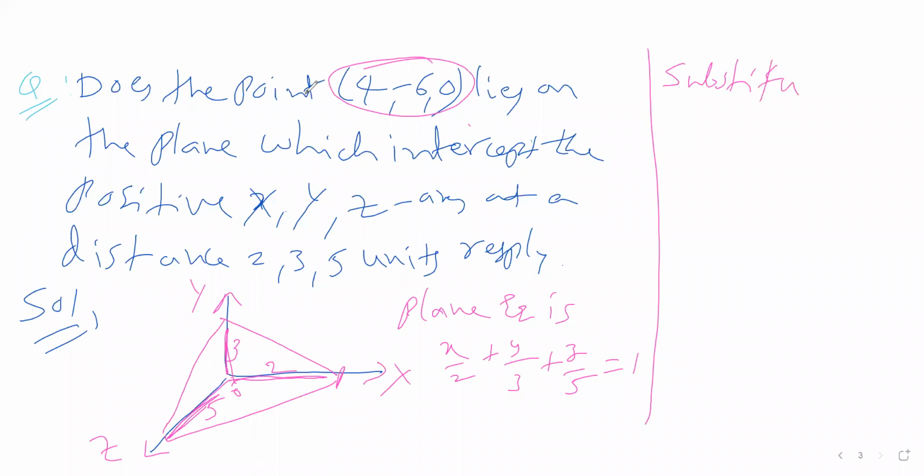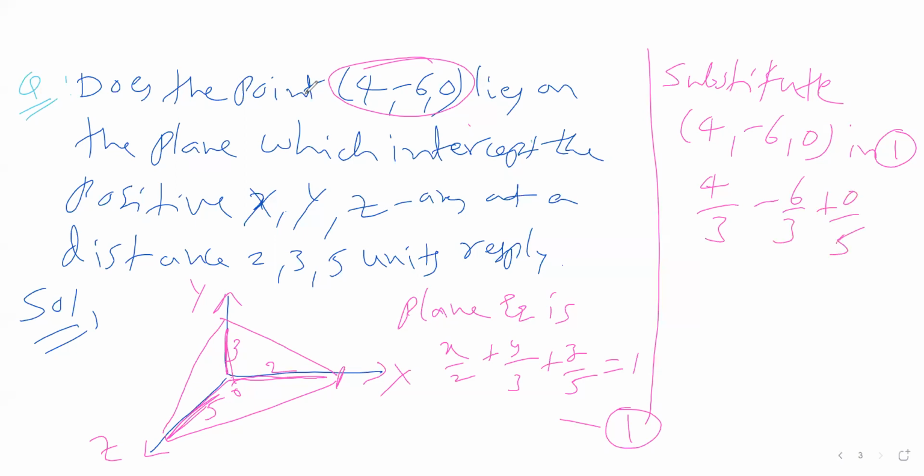If the point lies on the plane, then it should give 1. So I substitute (4, -6, 0), which gives 4 by 2 plus (-6) by 3 plus 0 by 5, which is 2 minus 2, which is 0.